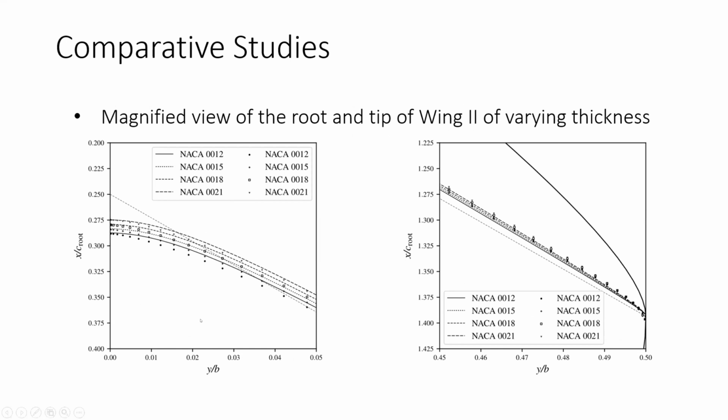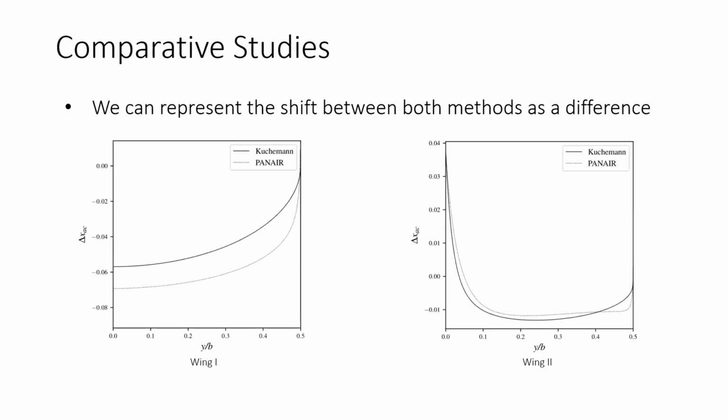On the left, we have a magnified view of the root region. So you see this curving aft. And on the right, we see a magnified view of the tip. You don't really see this curving forward that you saw on those figures from Phillips, but that's because this is an elliptic wing. So the chord comes to 0, so it has to go there.